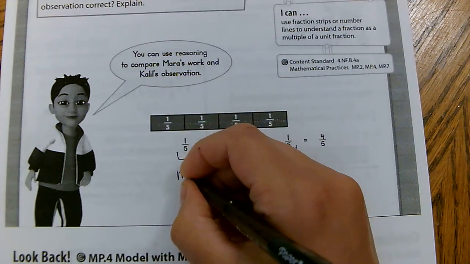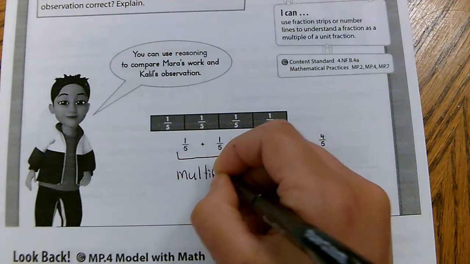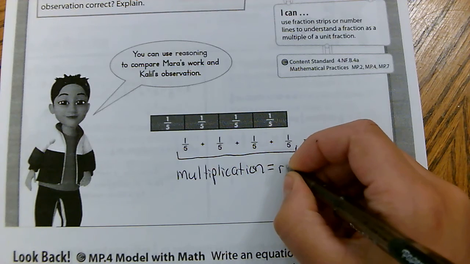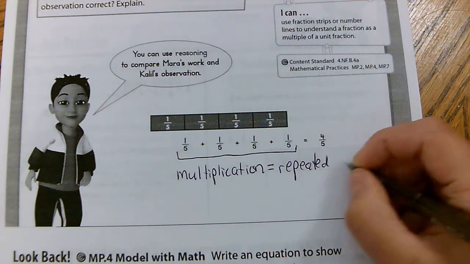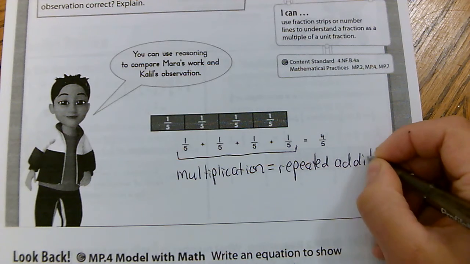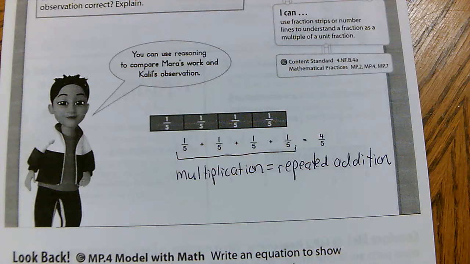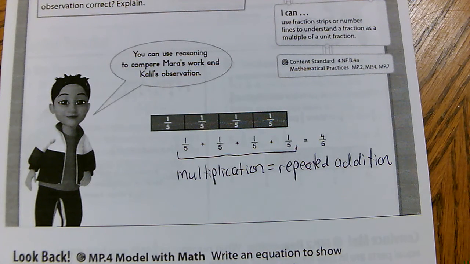Yes. So multiplication is repeated addition. So Khalil is correct. You could rewrite this as a multiplication sentence instead of a long addition sentence.